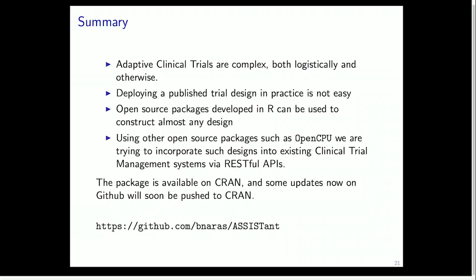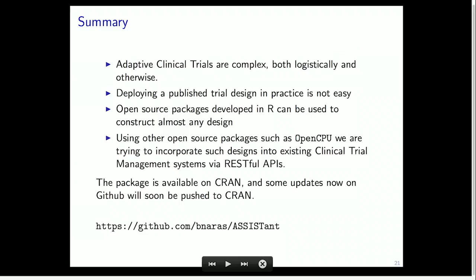The second thing is also deploying the procedures, and that's even more of a nightmare. And I think this package was developed, and we're going to have soon a paper when the trial ends, that shows that you can develop these open source packages in R, and then you can use a system like OpenCPU to deploy these in existing environments without asking them to change anything, by means of RESTful APIs.